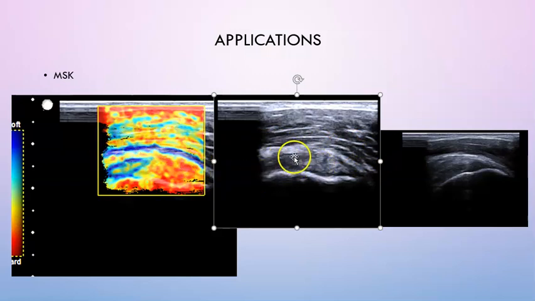And then also what we're seeing here is an area of anisotropy, and the question becomes, is this anisotropic tendon, or is it a fluid where the tendon used to be due to injury? And when we look at the elastography, we see that it is soft, so it is the fluid. And so this is actually a torn tendon that we're looking at, with the normal tendon being much harder.